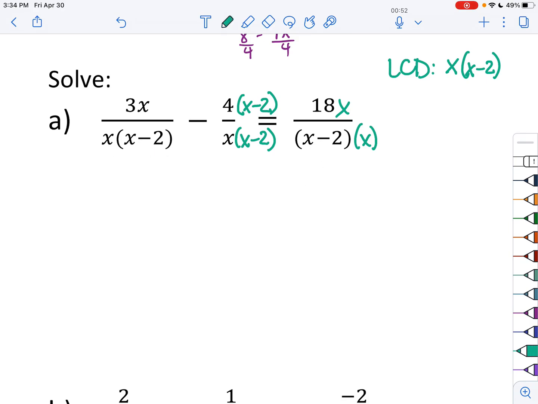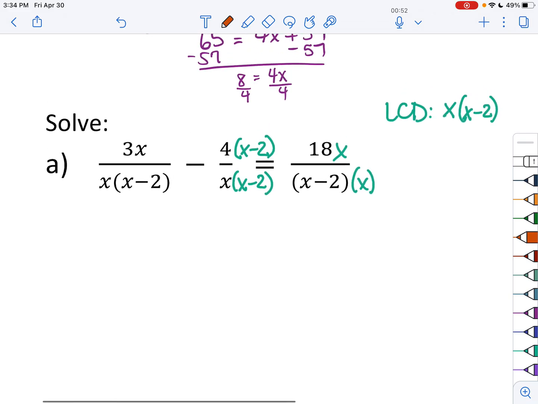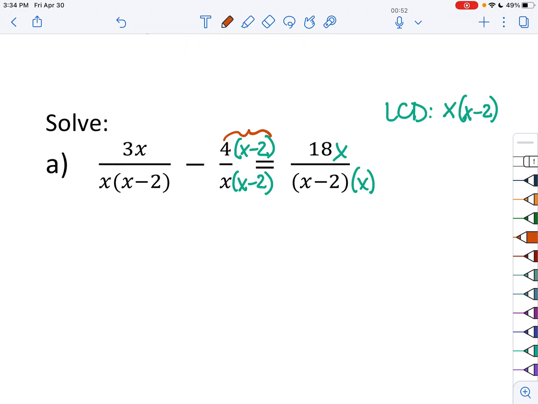All right. So let me show you one thing real quick, because now that I have this guy right here, I need to do some distributive property, and there's a negative here, or a minus. Well, that minus, we know from adding and subtracting that we've got to distribute that negative.